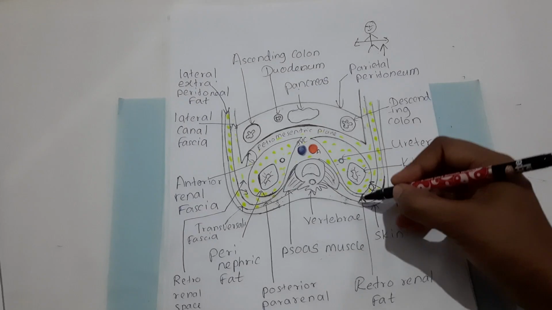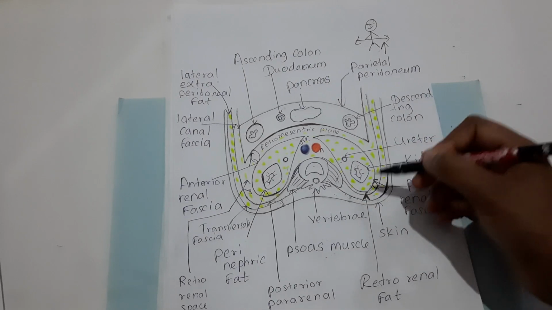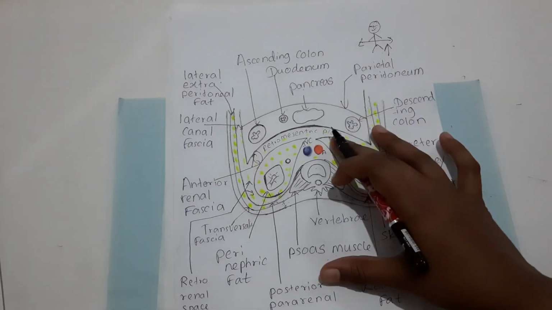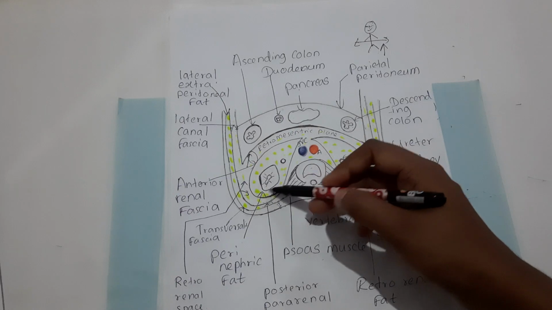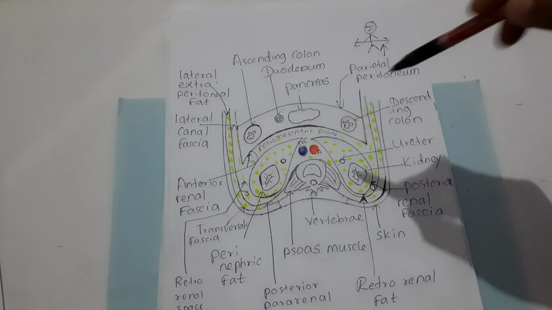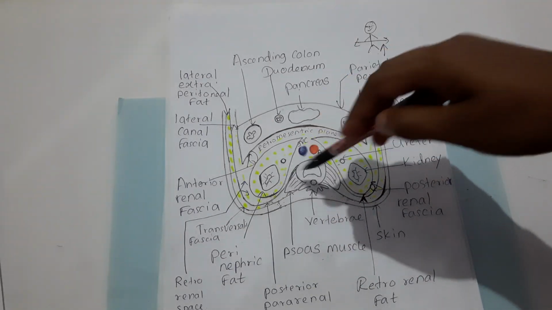So here after the endoabdominal fascia, you can see two fascial layers. I think it will be better to explain the relationship with the kidney, and then you can understand. So these are the two kidneys, cross sections of the two kidneys.